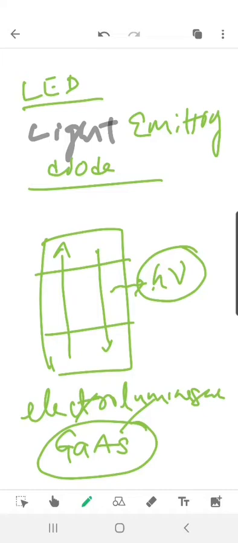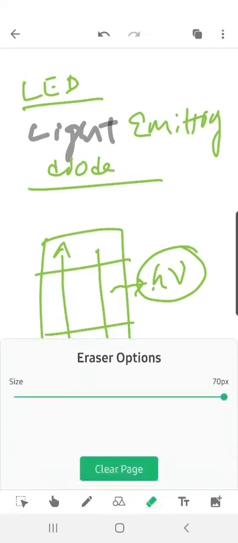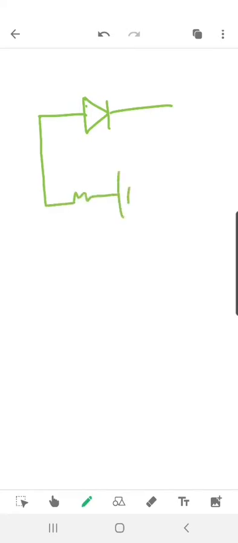Now when we talk about LED, for proper working of LED, we need that our LED should be forward biased. I have told you this thing. So our LED will work when it is forward biased. If this is our bias voltage, this is our LED. This is the symbol of LED, the symbol of diode, and we will have 2 arrows over this symbol.